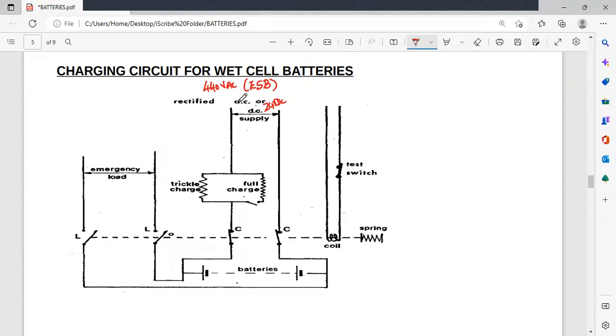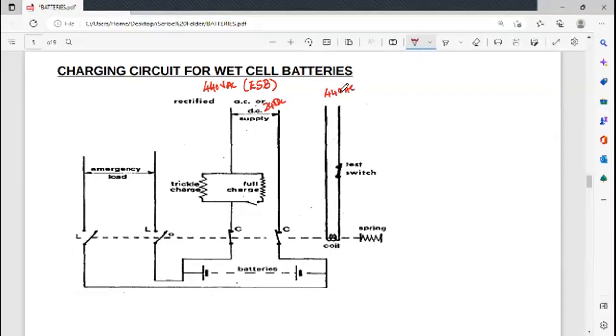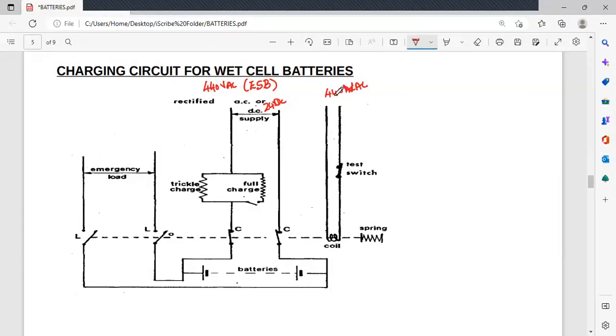So when 440 volts is supplied from your main switchboard to your ESB, you are also getting 440 volts of AC to this line. Now, this is an energizing coil that is energized by this 440 volts whilst it is present, under normal conditions.